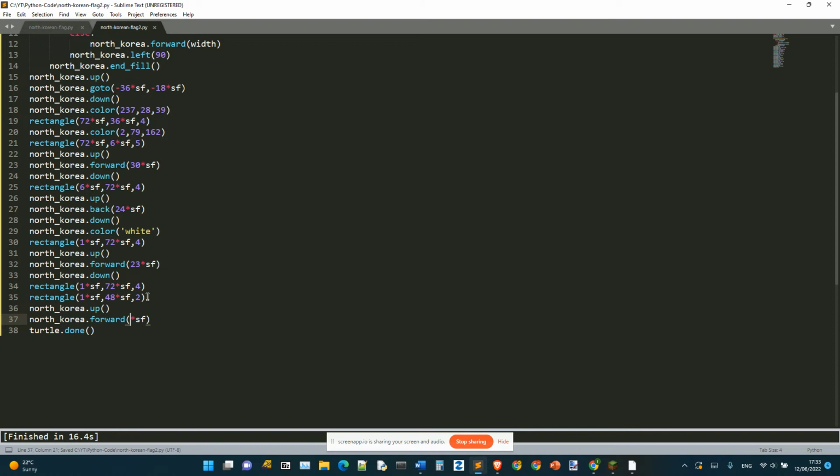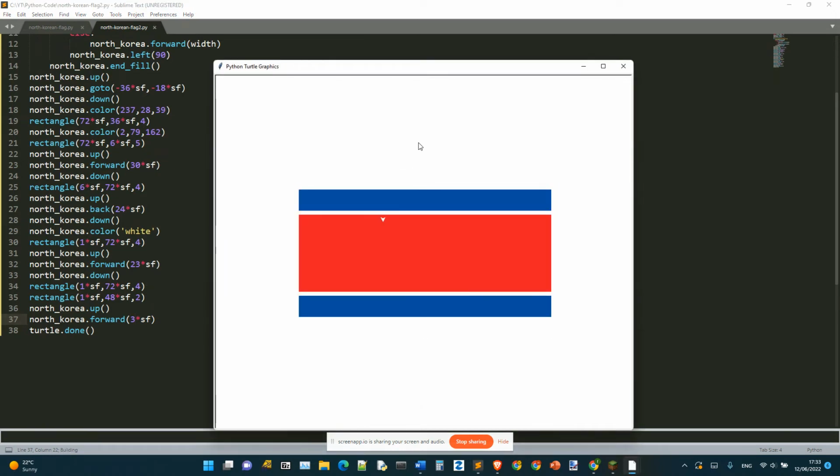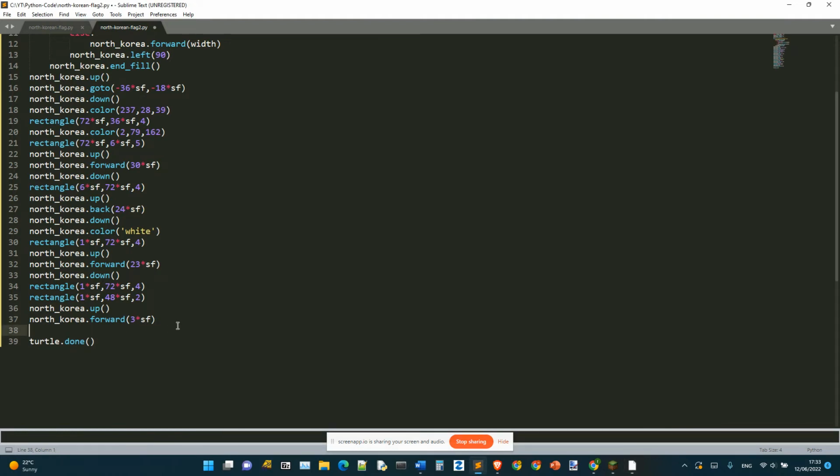So that would mean North Korea dot forward, that's 3, right? 3. North Korea dot right 90. No, not right. Left. Or else it would draw a circle in the way that I don't like, because it draws circles anti-clockwise. North Korea dot down.